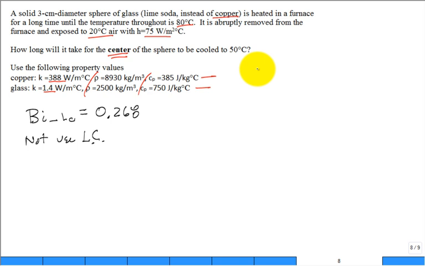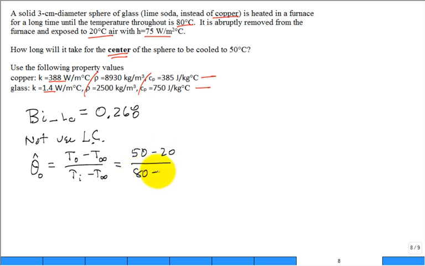So we say that theta hat at the center line was the temperature at the center line minus T infinity, divided by the initial temperature minus T infinity. We're interested when that center line temperature is 50 minus the T infinity of 20, divided by 80 minus 20, which is 30 divided by 60, which is 0.5.